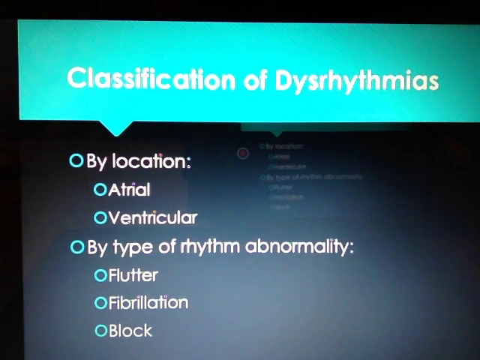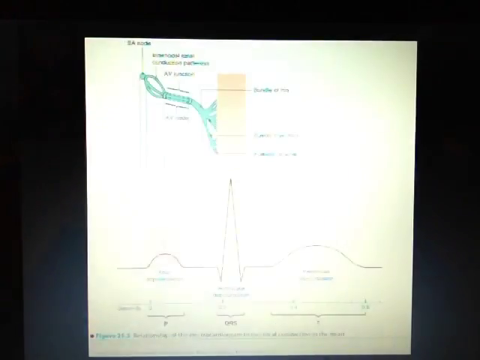We can have fibrillation, which has no real pattern to it, and there could be heart block. There are different degrees of heart block: first, second, and third degree, or complete heart block, which means that there's no communication, no synchronization between the atria and the ventricles, so the heart's not able to pump adequately, and usually that's when the client would need a pacemaker.